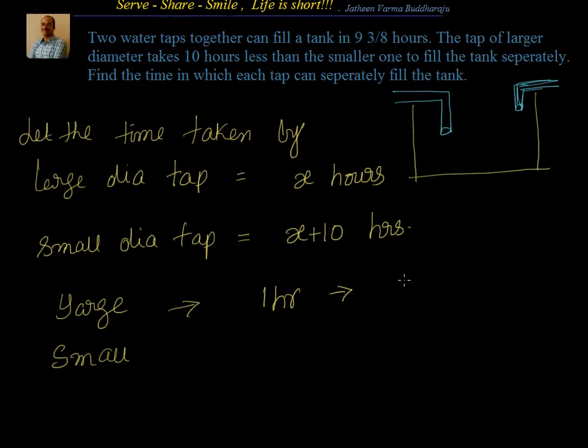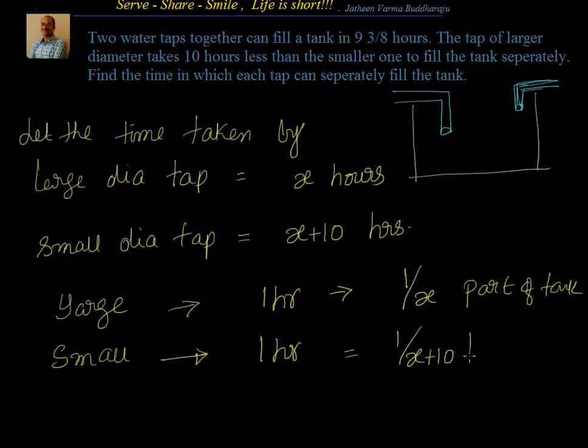It will fill nothing but 1 by x part of the tank. Similarly, the small diameter pipe in 1 hour, how much will it fill? Nothing but 1 by x plus 10 part of the tank.